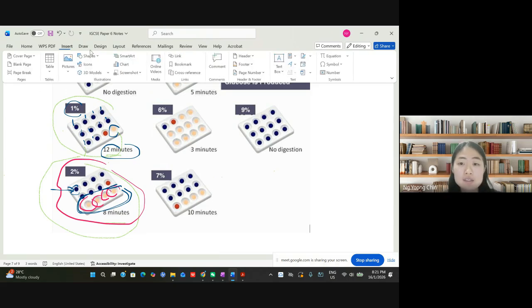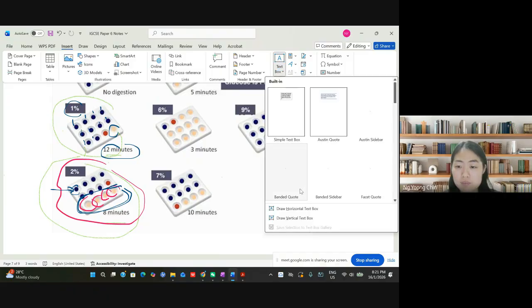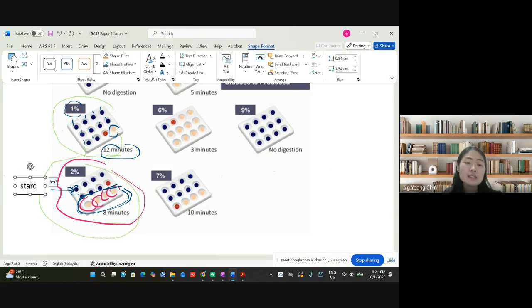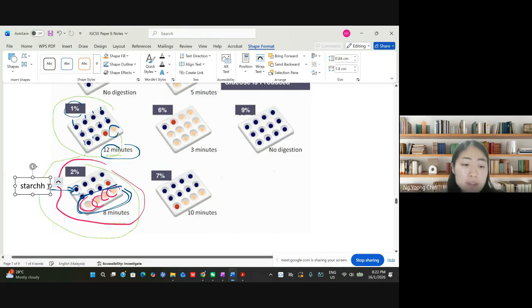There's starch inside. But later, as time goes by, the starch will be broken down by the amylase. So starch broken down by amylase becomes what?